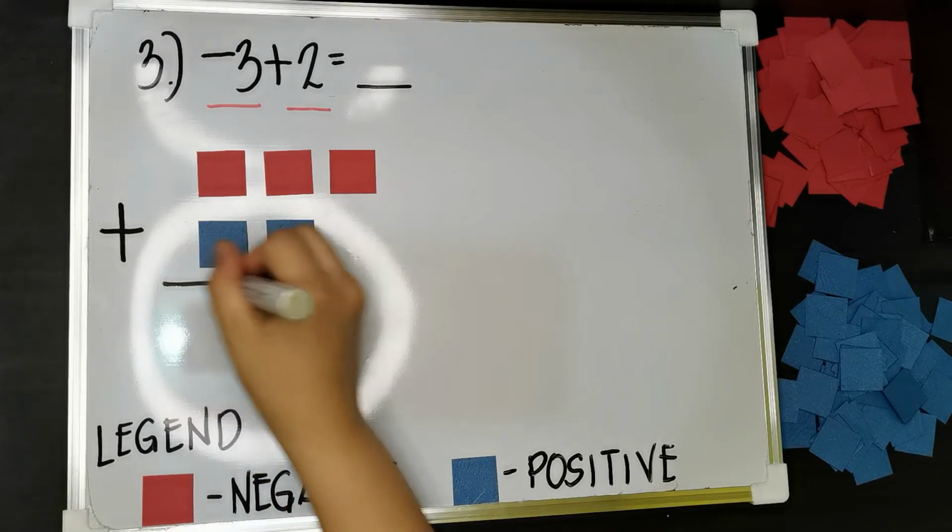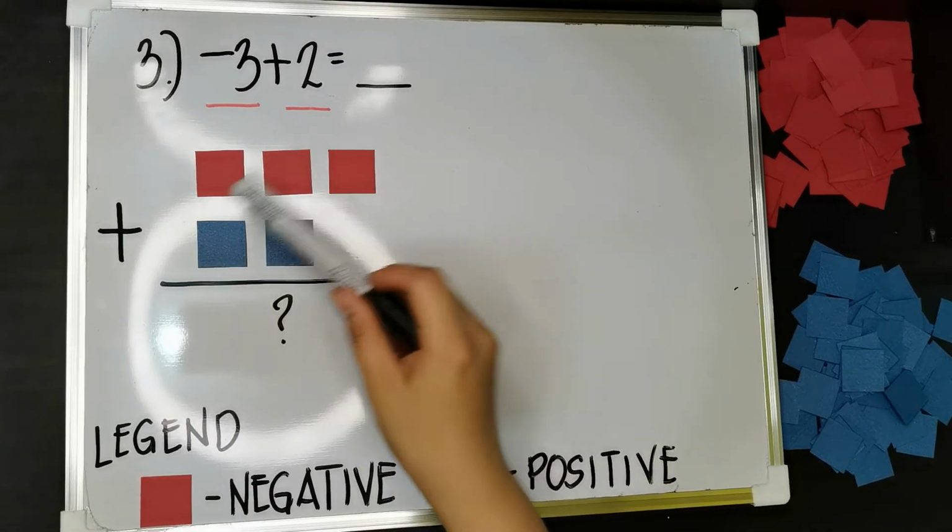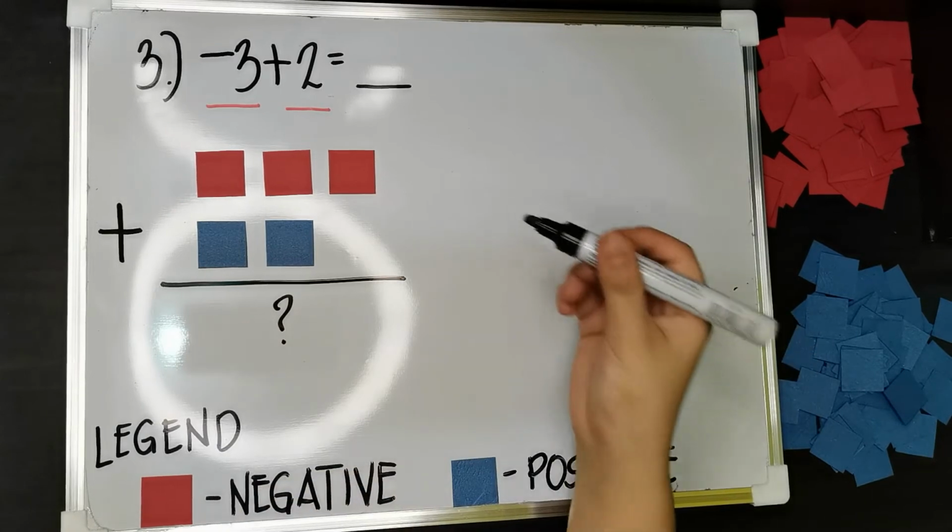And let us now find the answer. Okay? So, to find the answer, again, observe. Anong na-observe ninyo? Ang na-observe natin ay yung ating sign tiles dito ay magkaiba ng kulay.